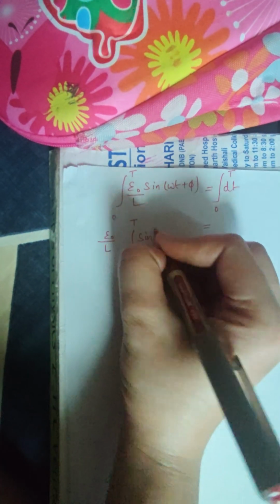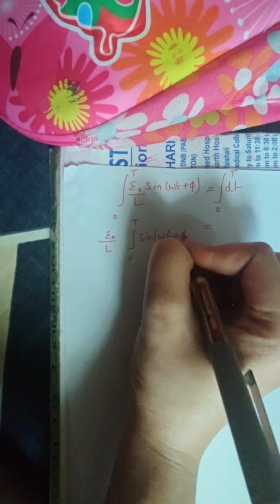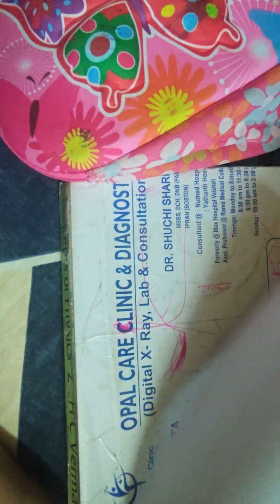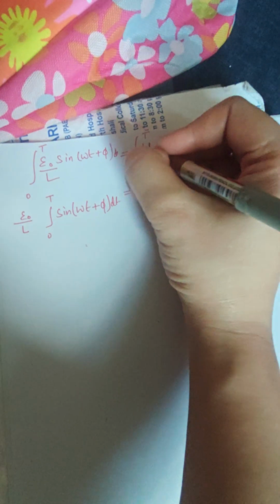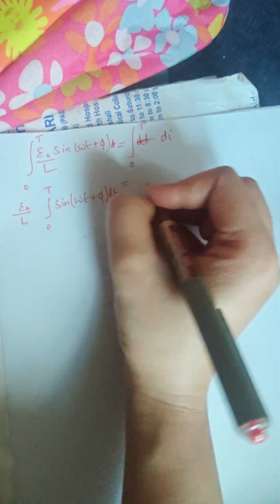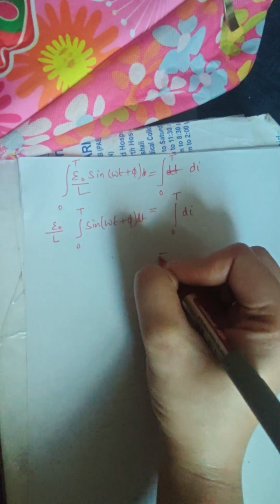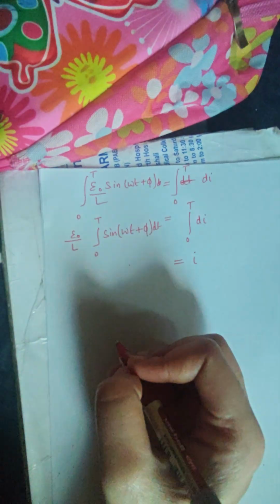In integral, I would have 0 to t sine omega t plus phi dt. Yes, dt is here, and here it's di. Yeah. This is 0 to t di. So this is my I, which is the changing expression for I.